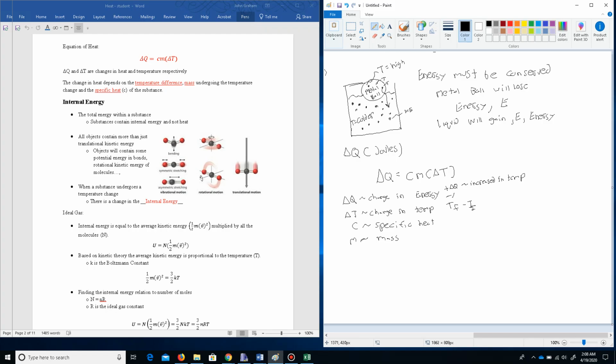And a negative delta Q is a decrease in temperature. An increase in temperature means an increase in energy. And a decrease in temperature means a decrease in energy. We also label this as a loss or gain.